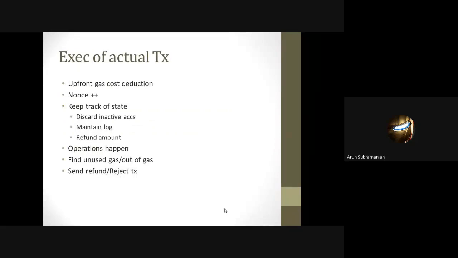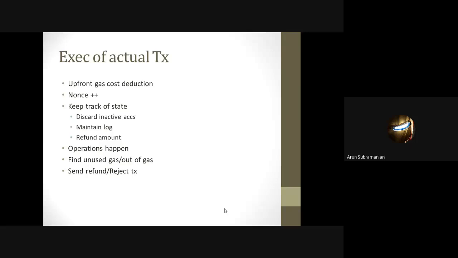When the transaction starts, first it will deduct the gas cost. The gas cost is nothing but a product of gas and ether price. That will be deducted first, and as part of the actual transaction execution, the nonce value will be incremented by 1.